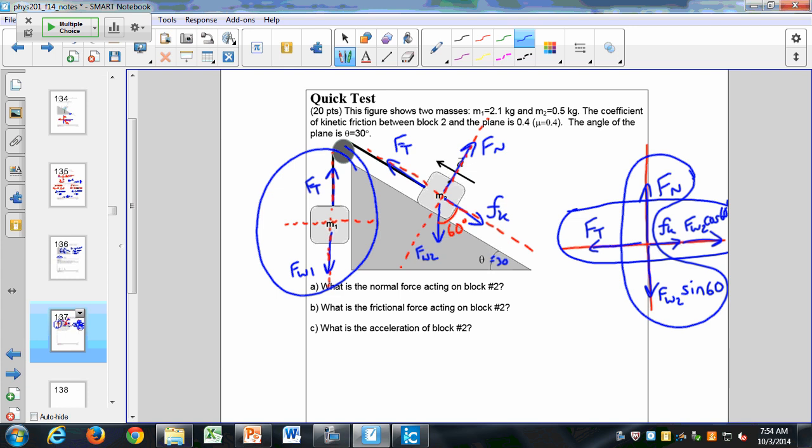And then also you want to realize a couple of things: the tension in the rope here, how is it related to the tension in the rope here? They're equal. So if you ever apply a tension, assuming that the rope doesn't stretch, if you apply a force to one end of the rope, you feel that same force all the way throughout. So the tension there is equal.